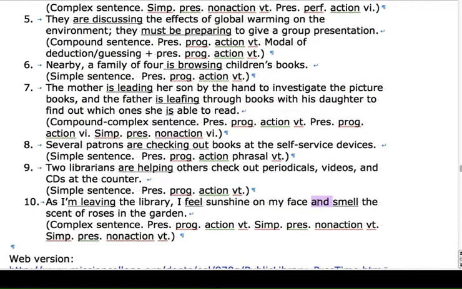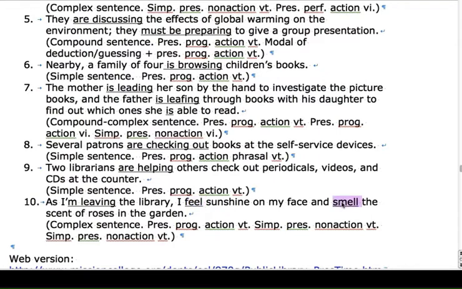Notice that we have two verbs, feel and smell, both with the same subject, I. I feel and I smell. So it's a compound verb, but not a compound clause. So we only have one clause because it has one subject here. But it's a compound verb because this one subject has the verb feel and the verb smell.